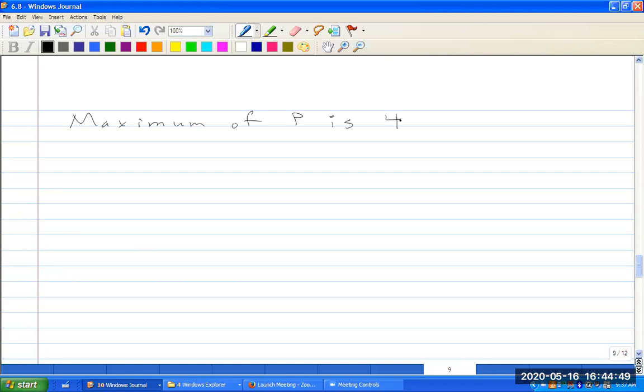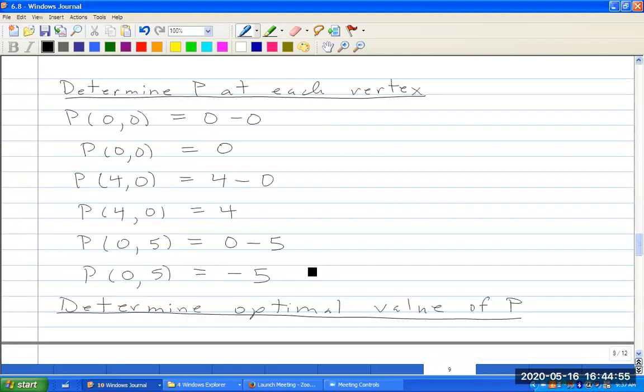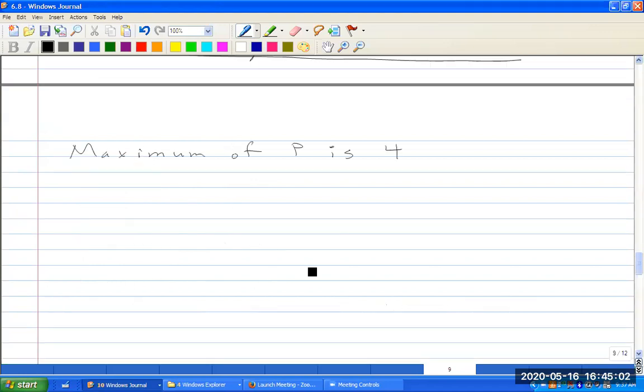I only had 3 numbers to look at, 0, 4, and negative 5. Well, the biggest of those numbers is 4, and it occurs when x is 4 and y is 0.